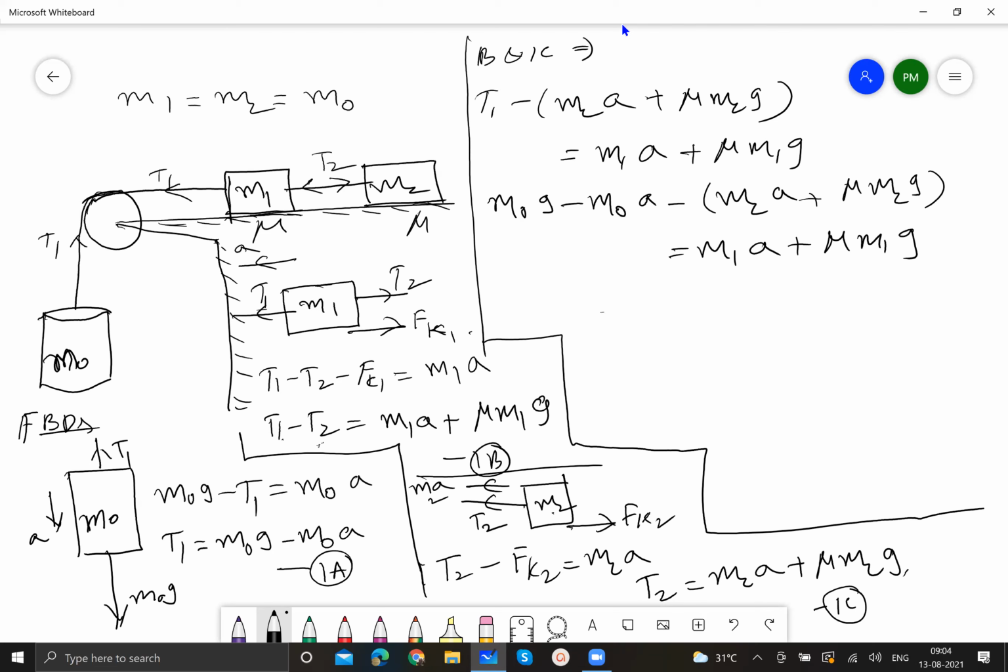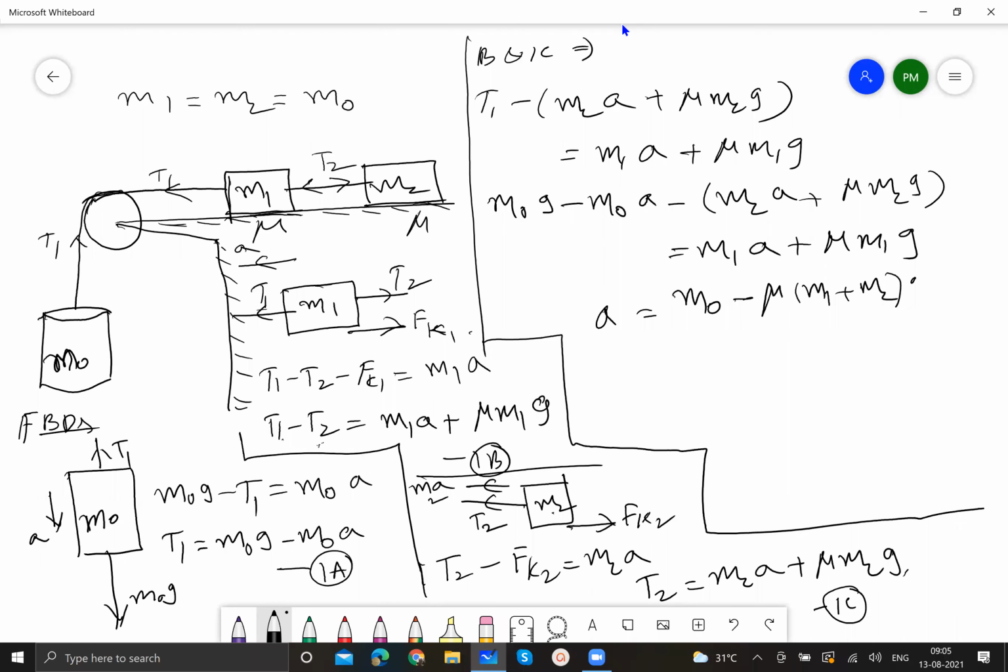Now it's very easy to simplify for acceleration. If you arrange the terms, bring all the terms having acceleration to the left hand side and other terms to the right hand side, we'll be getting, logically also you can remember, one is M0G, because that accelerating force is first generated by M0, minus the total frictional force, that is frictional force on M1, mu M1G, and frictional force on M2, mu M2G.